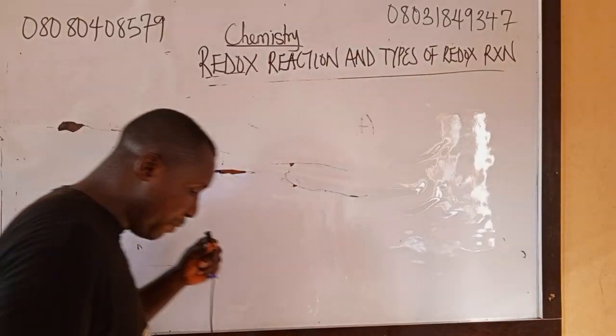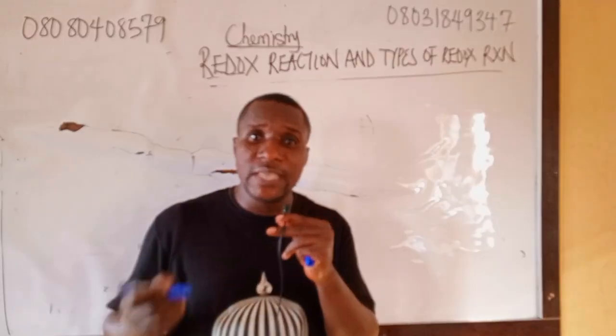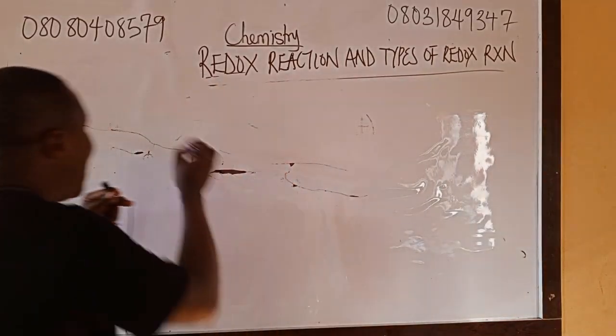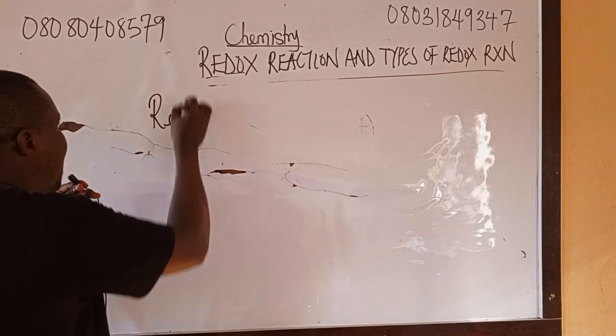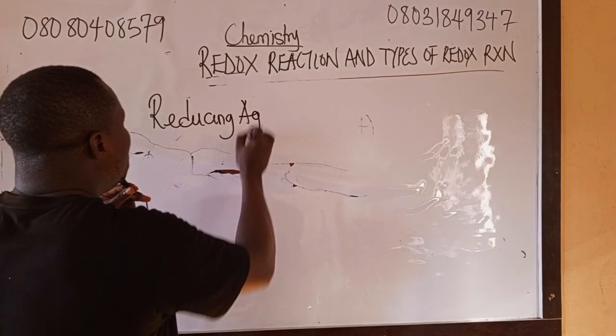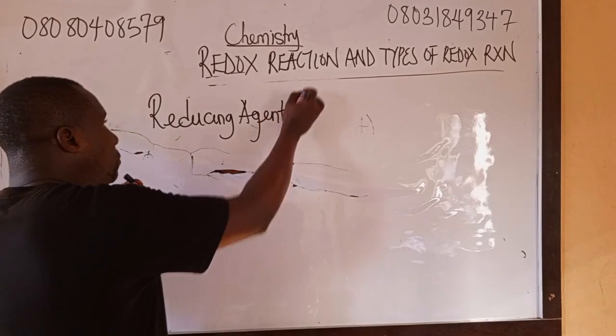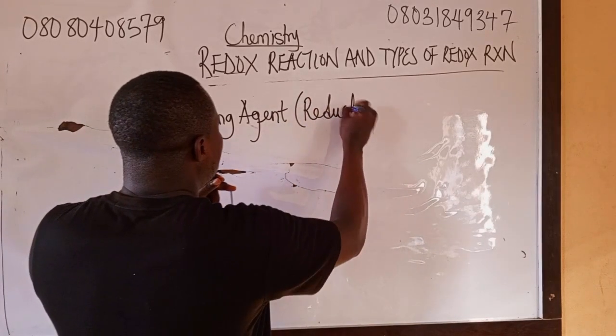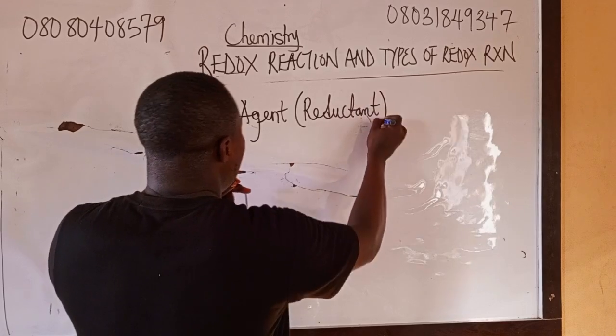which are very important to this topic. These agents are substances. They are species. We have reducing agents, which are known as reductants.